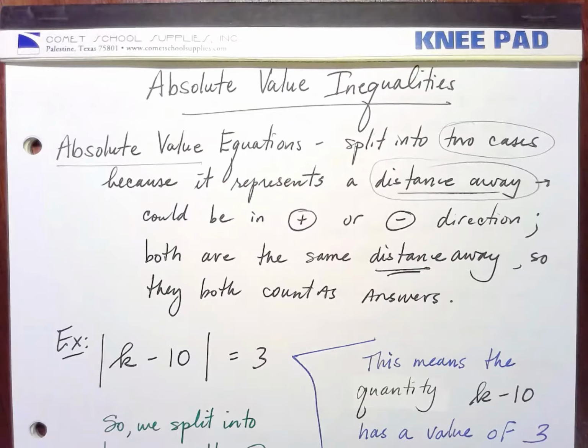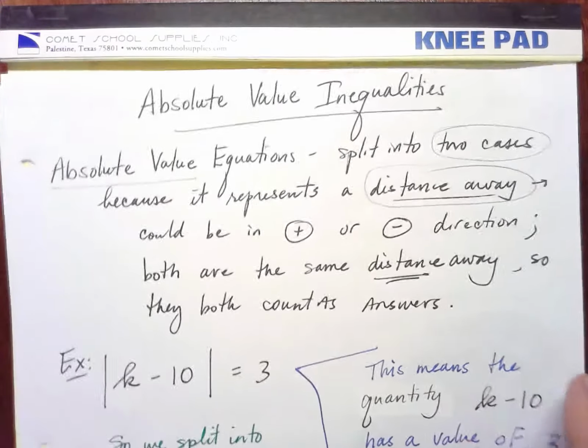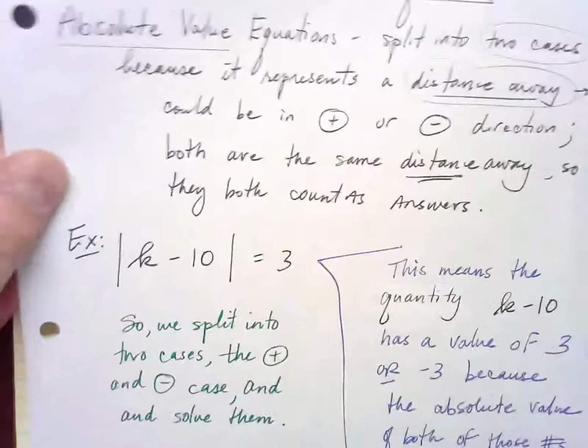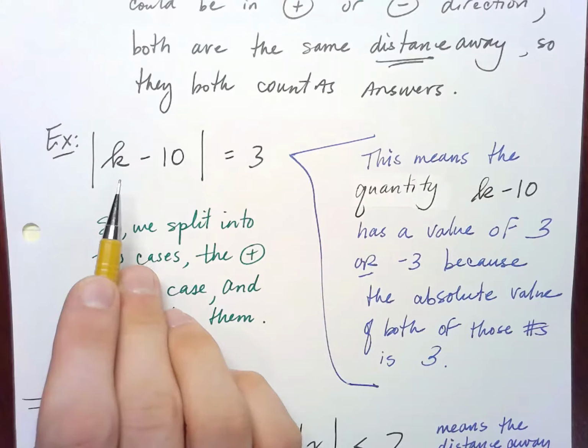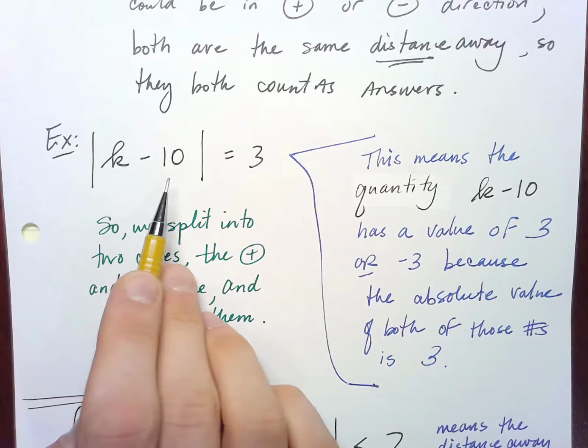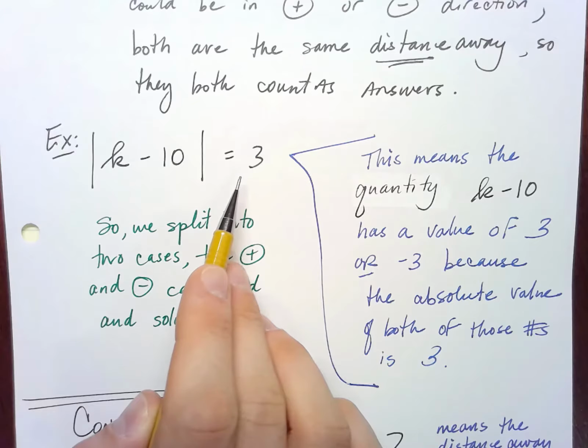Since we have two possible outcomes that are both equally valid, we have two possible answers in an absolute value equation. So let's look at an example just to review. Here's an example. Absolute value of the quantity k minus 10 equals 3.